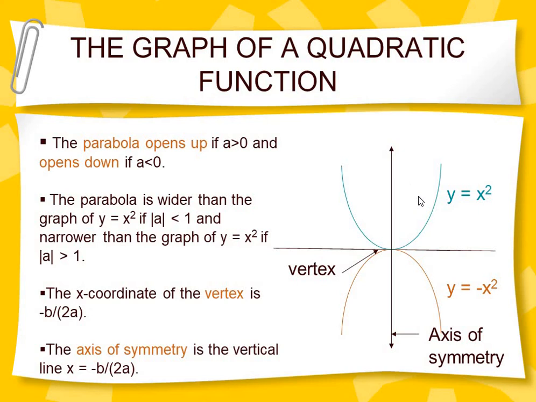Now, I was going to tell you about the width of the parabolas, which we will discuss more in problem 2 in the book, in the first lesson. The parabola is wider than the graph of y equals x to the power 2 if the absolute value of a is less than 1 and of course more than 0, because the sign of the coefficient a just tells you if it's looking upward or downward.